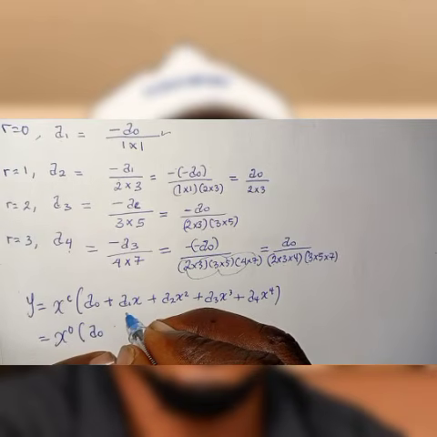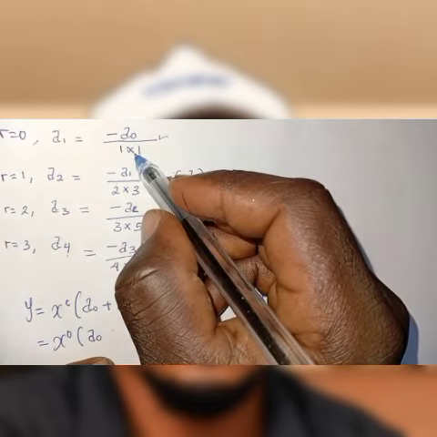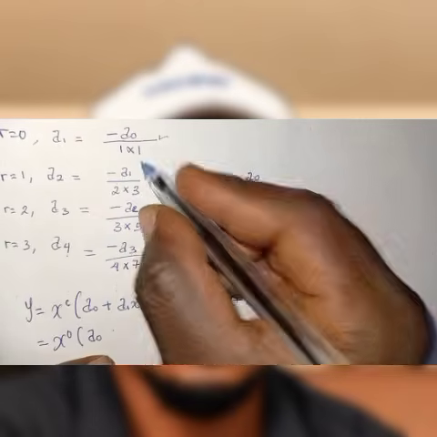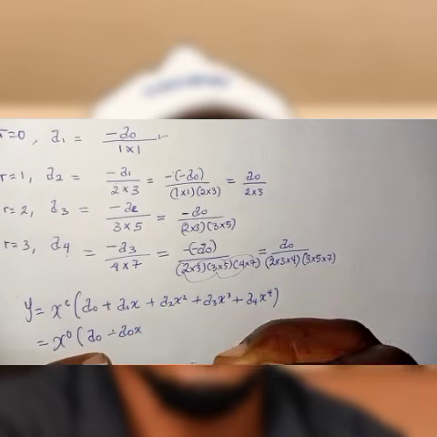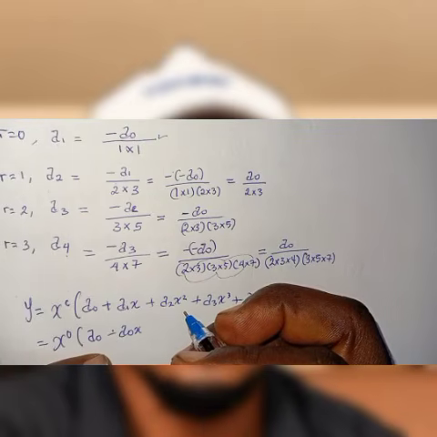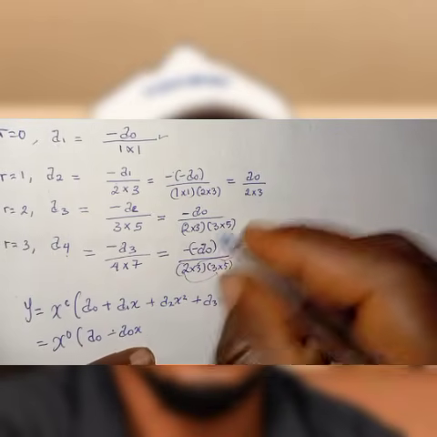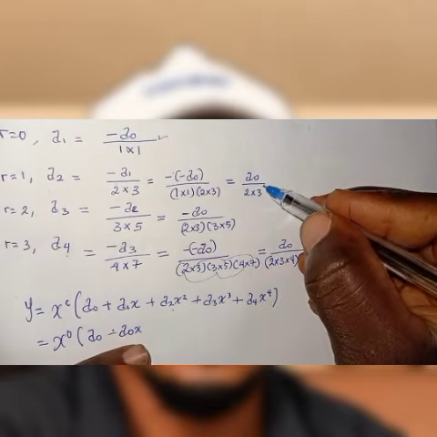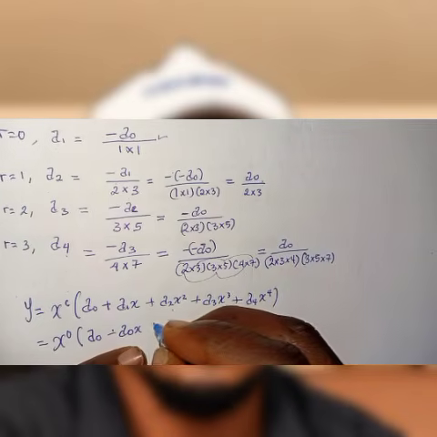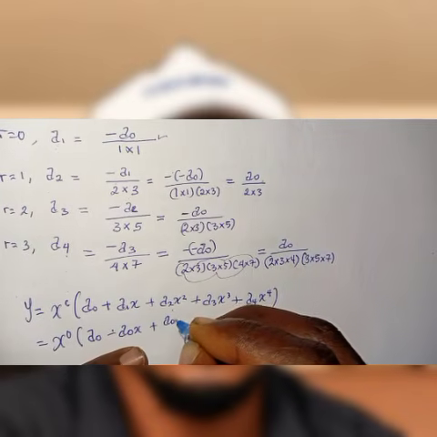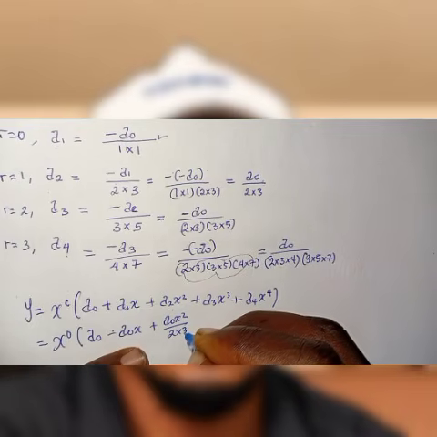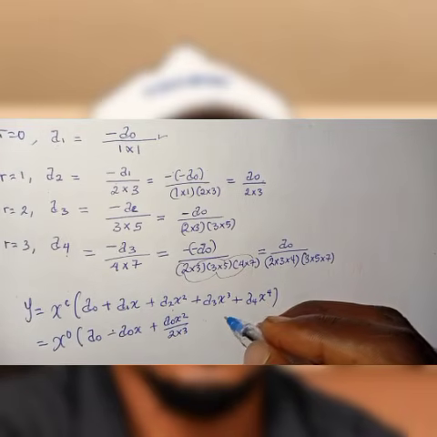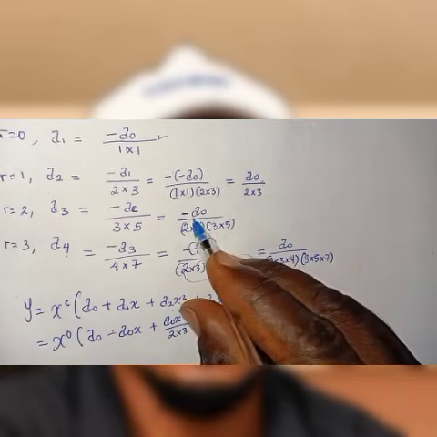Now what is the a1? A1 is minus a naught. So just write minus a naught x. That's our a1. Now what is a2? This is a2. So that's plus a2 x squared over 2 times 3. Now what is a3? A3 is this.